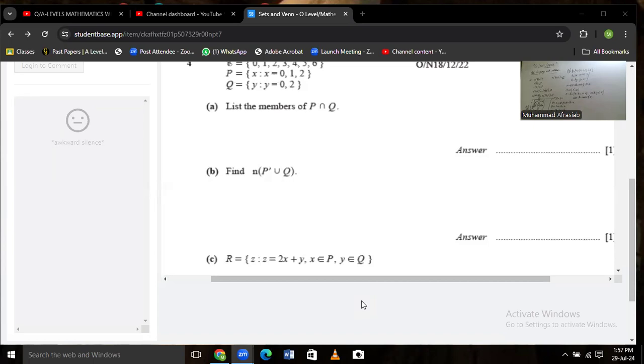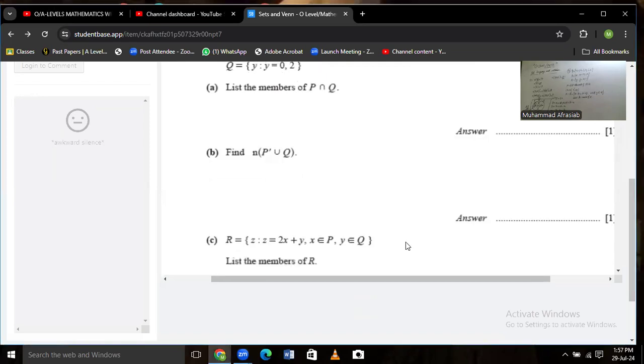List the elements of P intersection Q. Find n of P complement union Q. And if R is Z such that Z is equal to 2x plus y, where x belongs to P and y belongs to Q, then list the elements of R.